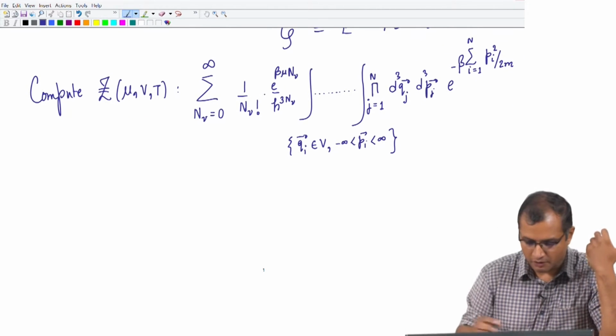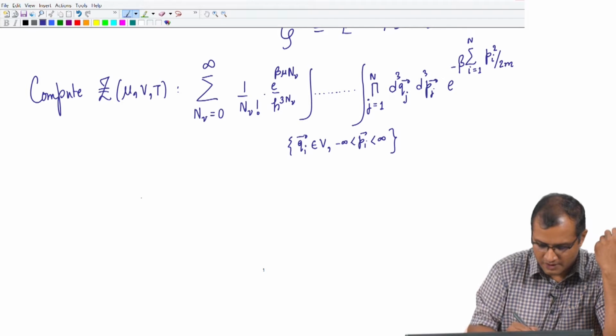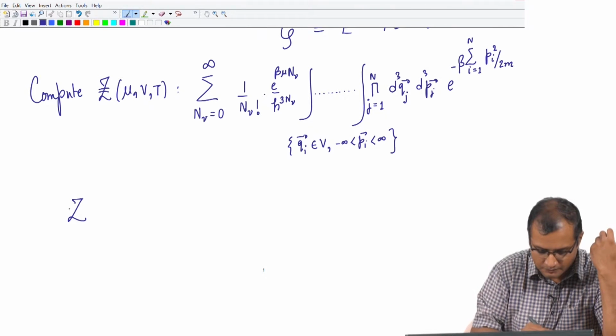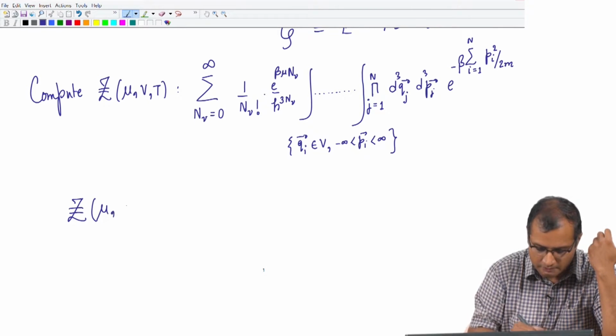Now, if you recall, this is basically my grand canonical partition function.